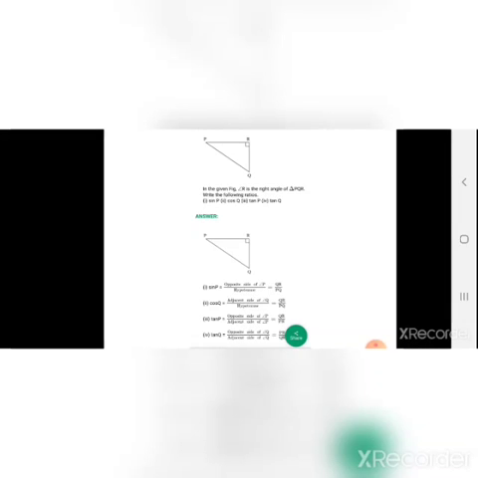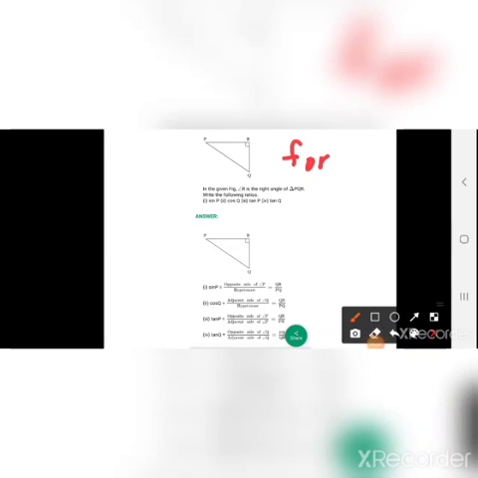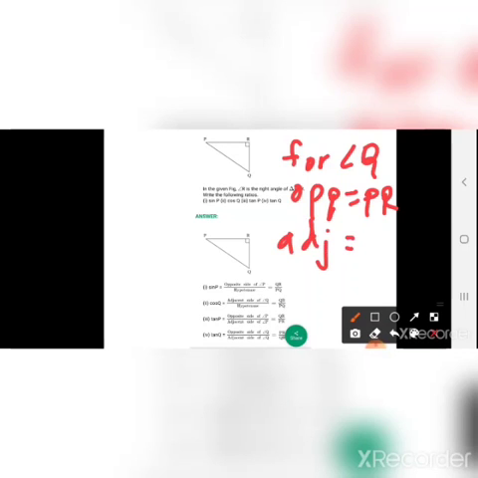Next ratio we want to write is cos Q, means we want to concentrate on vertex Q or angle Q. So for angle Q, opposite side is PR, adjacent side is QR, and hypotenuse doesn't change, it is as it is PQ.